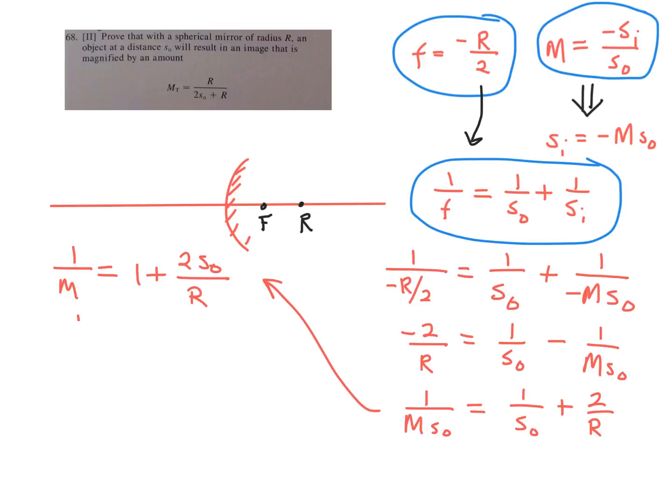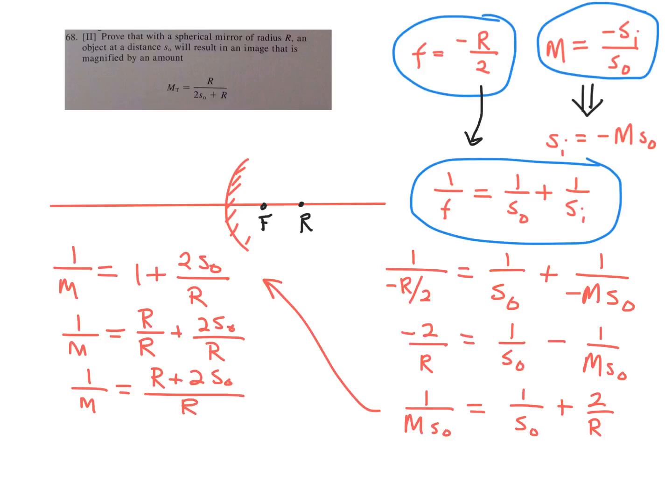On the left-hand side, I'm going to have 1 over m equals, now I'm going to add these two terms on the right here, but I'm going to change the 1 to an r over r. I'll do it in 2 steps. So I make that r over r plus 2 s sub o over r. Now I can add on the right, I end up with 1 over m on the left still, equals r plus 2 times s sub o all over r.